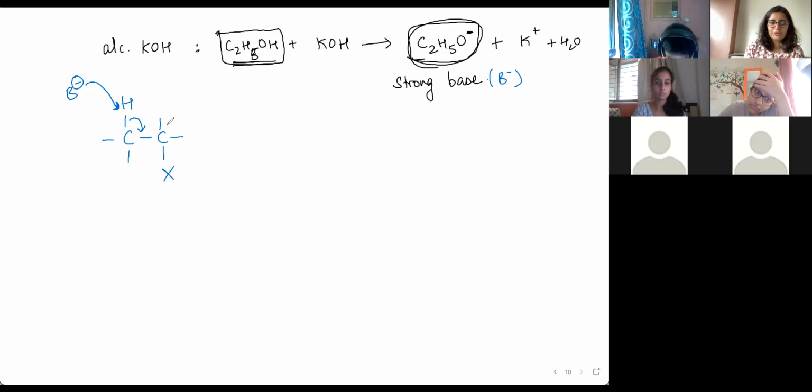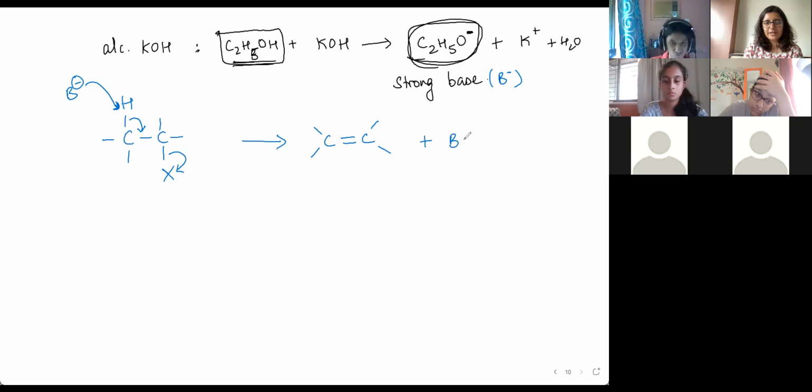And because here there is already a slight delta positive, as the halogen is anyway electronegative, these electrons shift over here. So what essentially happens is you get a C double bond C, and this base combining with the H, so you have BH and X minus.